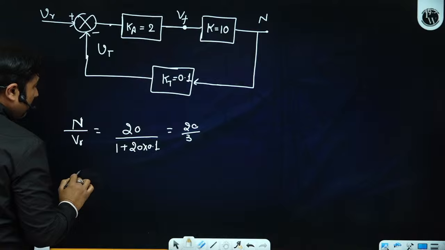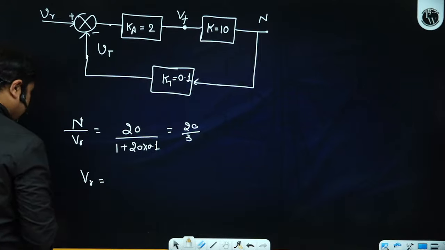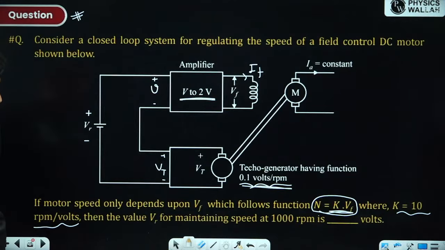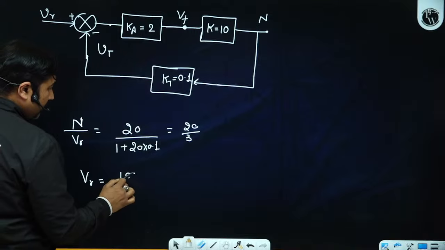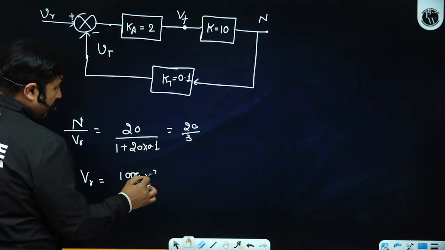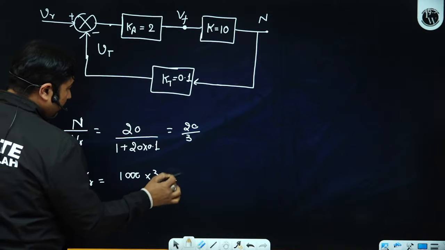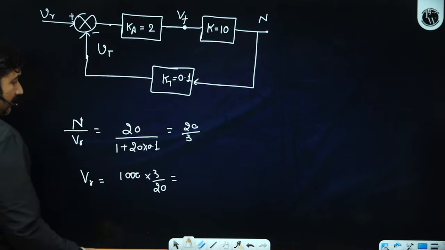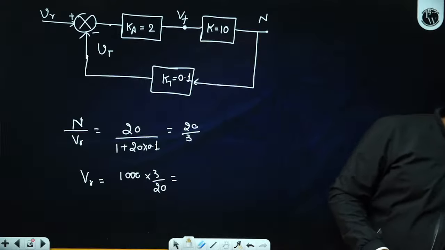Now we have to calculate VR for a speed of 1000 rpm. In order to maintain the speed at 1000 rpm, VR is 1000 into 3 by 20. How many of you able to understand this? So how much voltage needs to be applied?